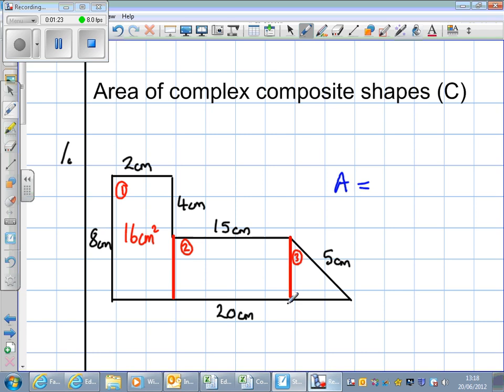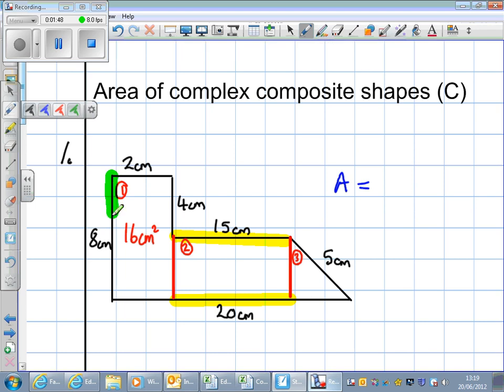The area of this one here, here I encounter my first problem. I have the base being 15, this length here is the same as this length here, the base, but I don't know the height. Now, let's see how I can calculate the height.